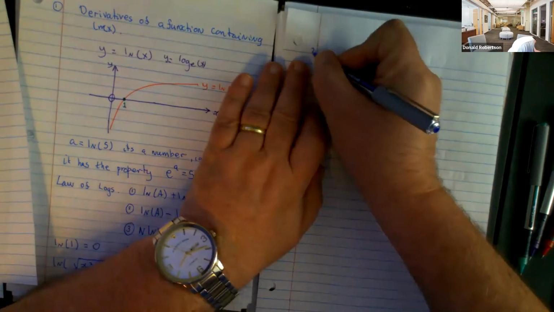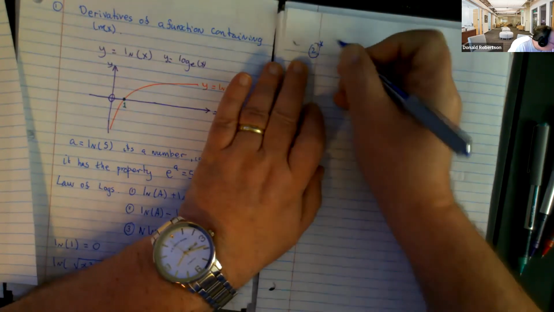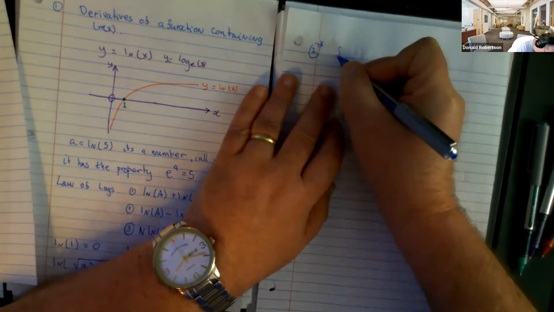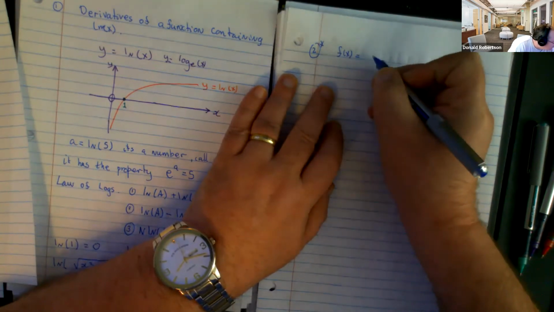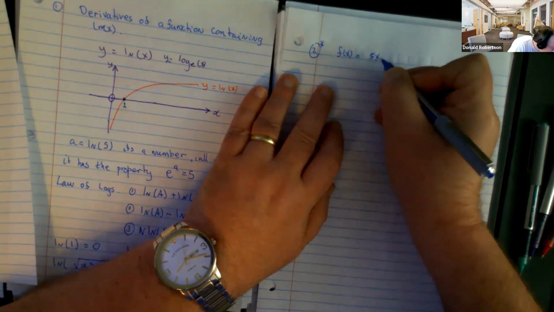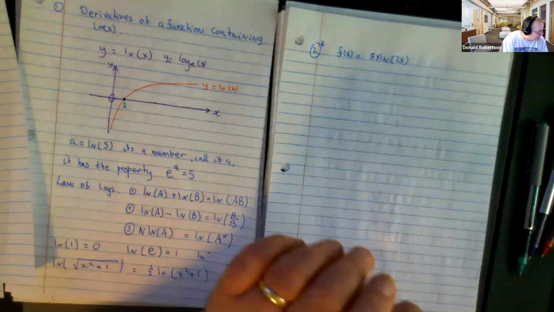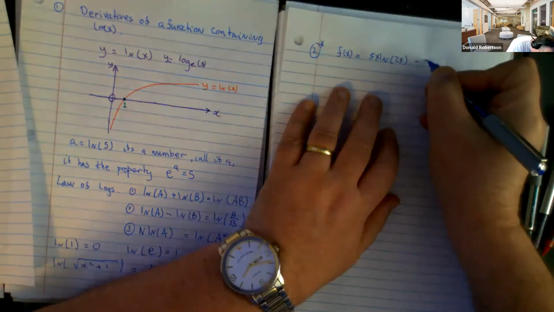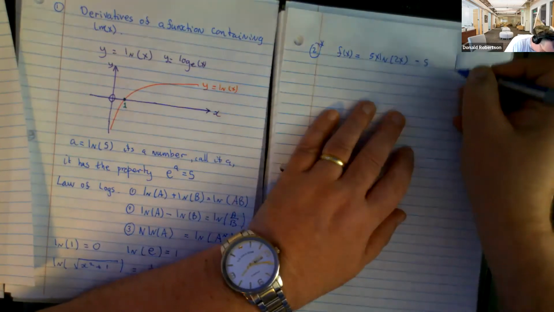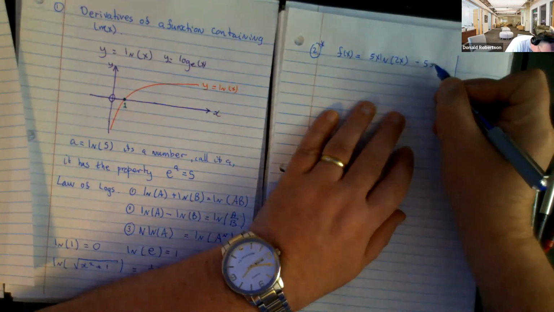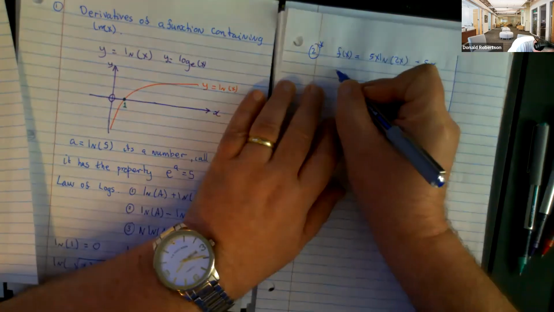Let's try a different one. This is question 2. And this is 5x natural log of 2x, take away 5x. And I want to differentiate it.